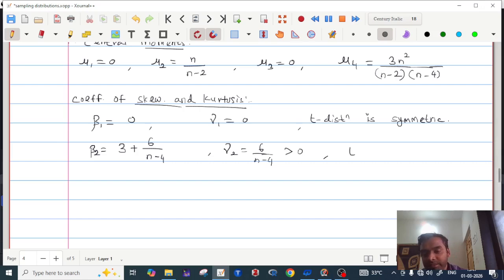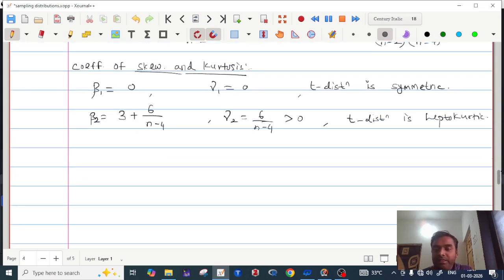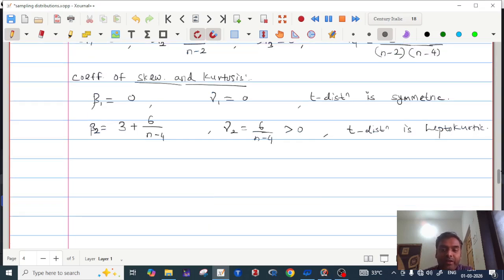So the interpretation is that the t distribution is leptokurtic. So the t distribution is symmetric and leptokurtic. How does it differ from the normal distribution? The normal distribution is also symmetric, but it is mesokurtic. And the t distribution is symmetric, but it is leptokurtic.